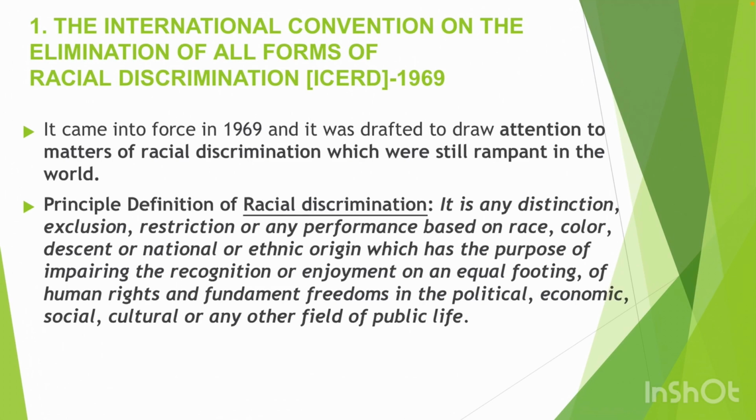The ICERD explains racial discrimination as any distinction, exclusion, restriction, or preference based on race, color, descent, or national or ethnic origin which has the purpose of impairing the recognition or enjoyment on an equal footing of human rights and fundamental freedoms in the political, economic, social, cultural, or any other field of public life.